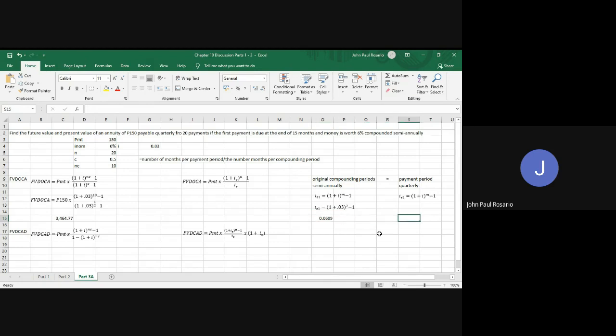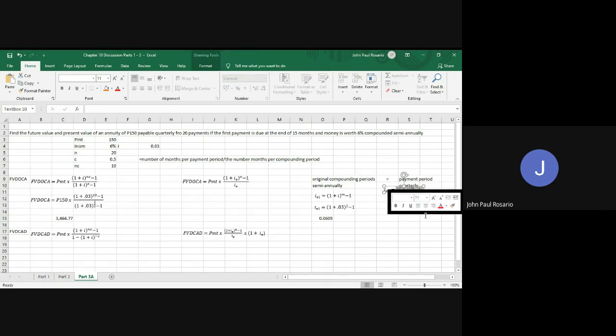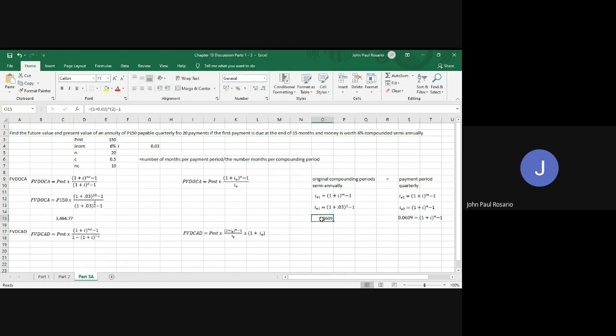And then here, our 1 plus I, our I here is unknown, but we know that our M is 4 because it is quarterly. And then we proceed to substituting IE2 with our value of 0.0609, which is the one that we calculated, which is the effective interest rate.